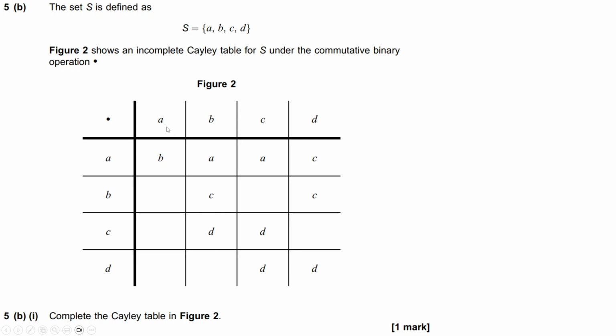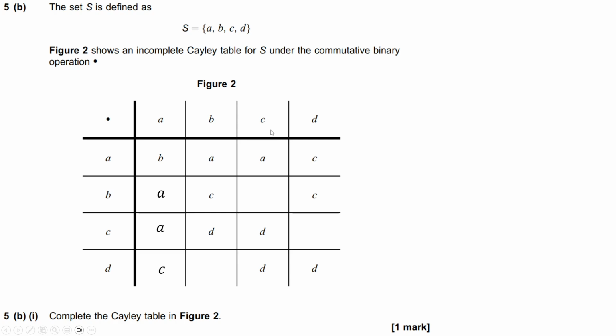If we know that AB gives us A, because it's commutative, BA must also be A. Similarly, we know that AC gives us A, and so CA would also give us A. Here, AD or DA gives us C, so flipping it around, DA or AD will give us C as well.